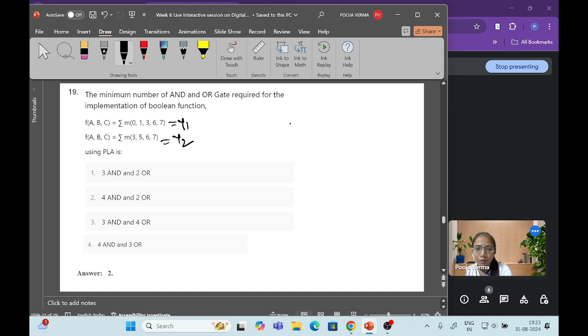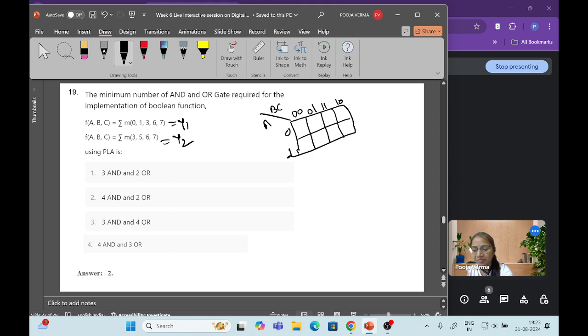So for y1, the K-map is, if there are three variables, A, B, C, right? It is 0 0 0 1 1 1 1 0 and 0 1.